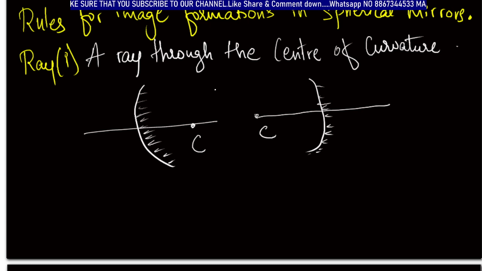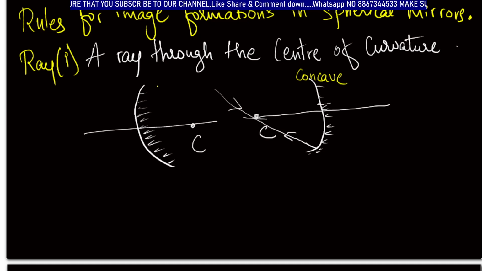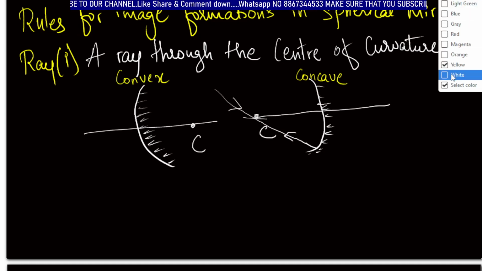The ray from the center of curvature is always deviated back in the same direction. This is concave, this is convex mirror.